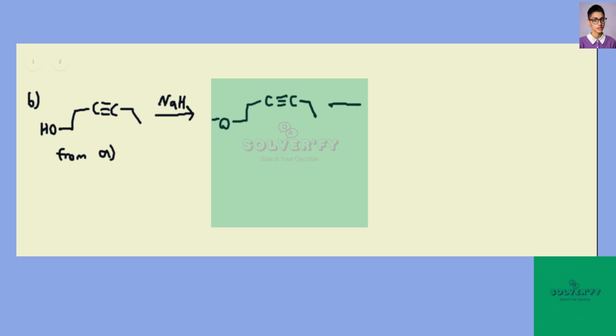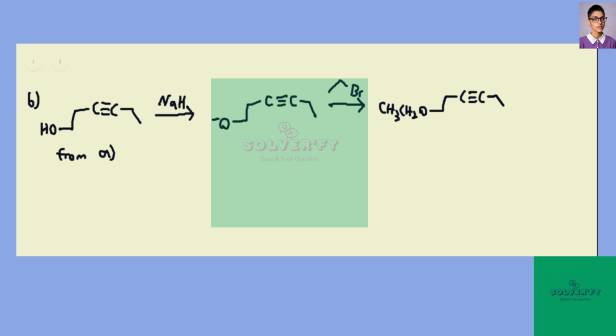And now, if we react that with the ethyl bromide, that again, I went over how to make in part A of this problem, we will get the ethyl ether here. Okay, so there we go. There's the answer to part B.